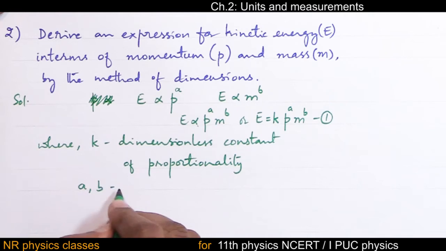A and B are exponents of momentum and mass.